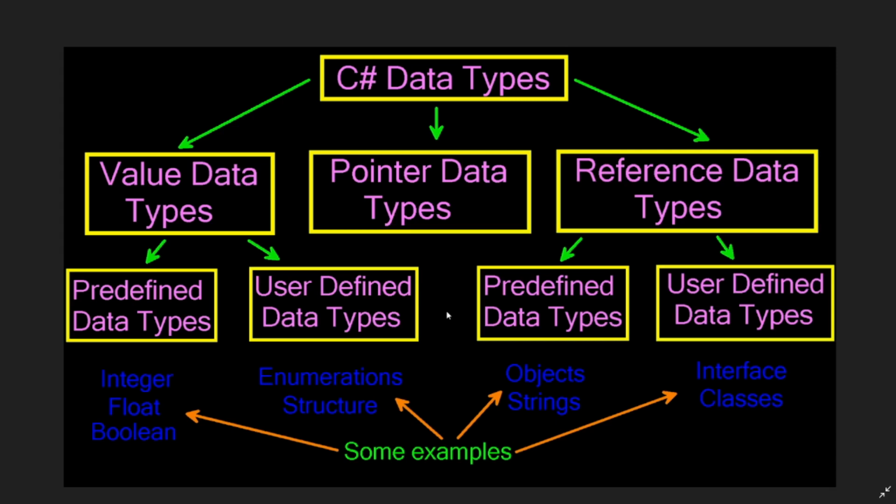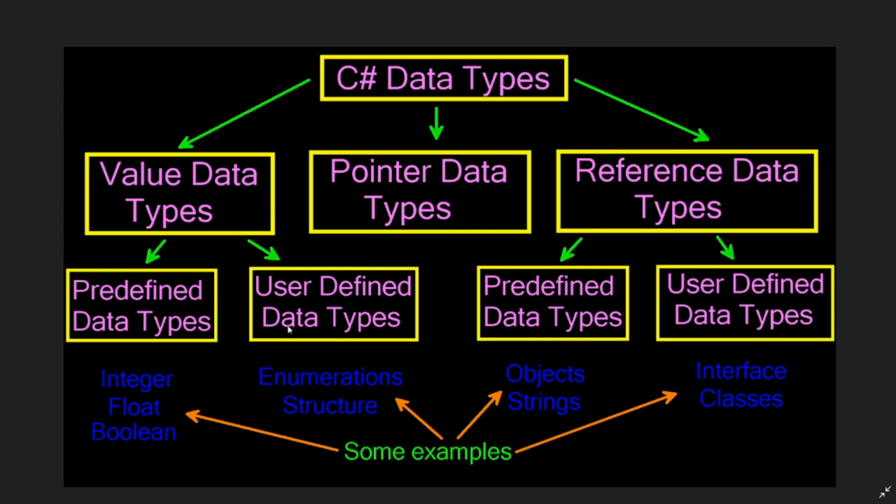Those data types are mainly separated into three types: value data types, pointer data types, and reference data types. As part of the value data types, we have the predefined data types with some examples such as integer, float, boolean, and also decimal, double, and so on.